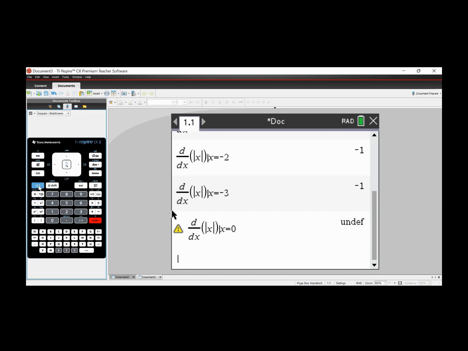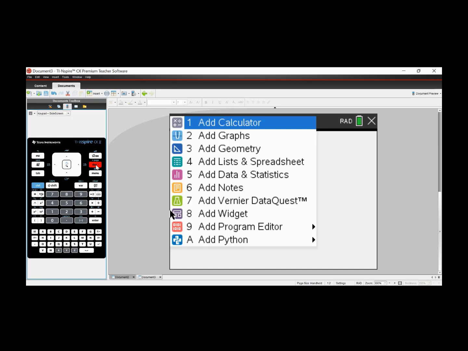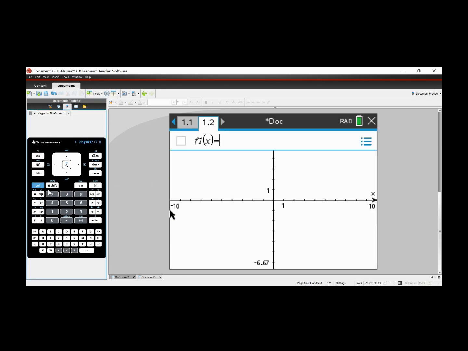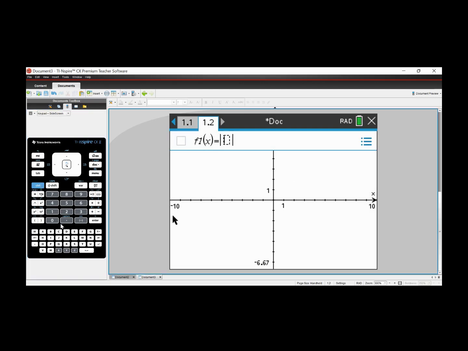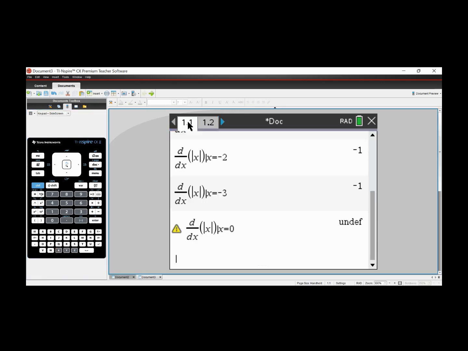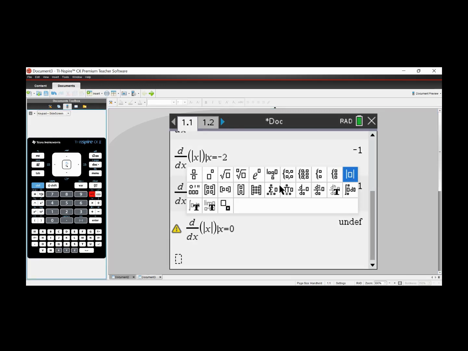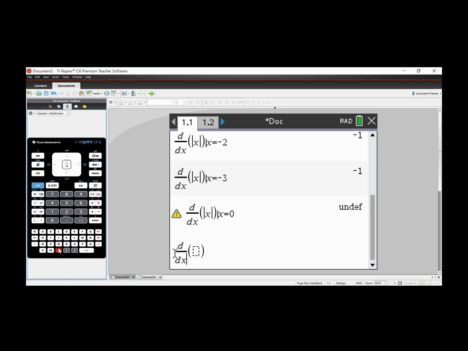Now, I'd like to add a graph page. If I had the absolute value function of x graphed, I do want to show you this also. I could go back here and do the derivative with respect to x of, tab, and I could say f1 of x.